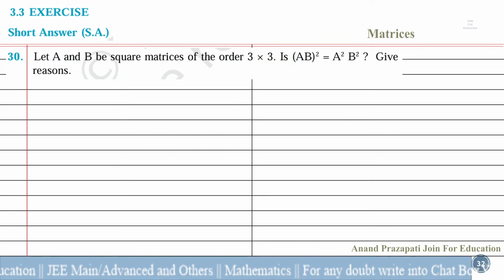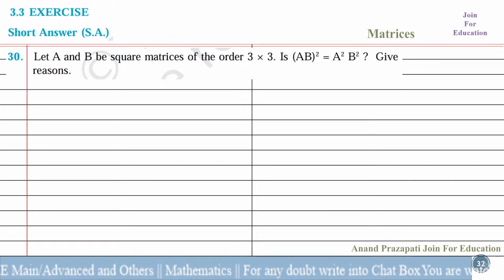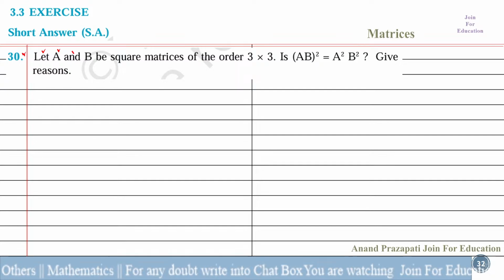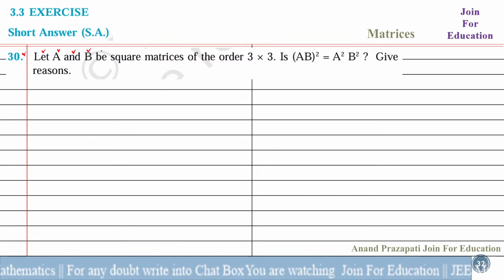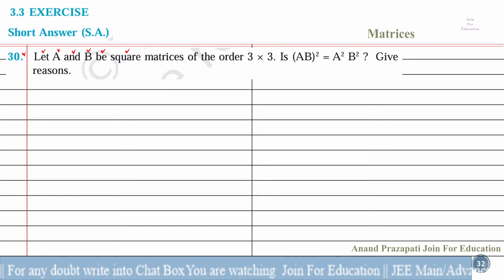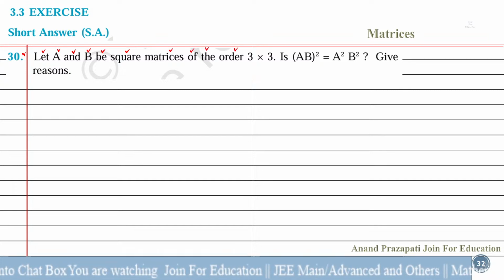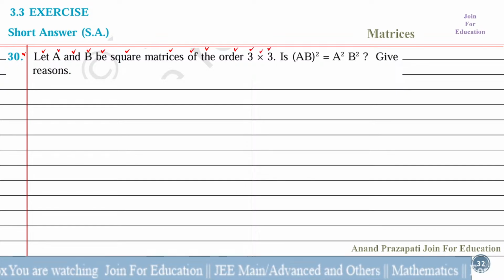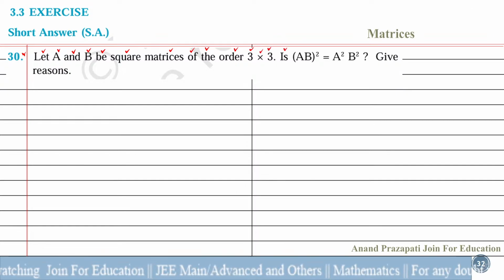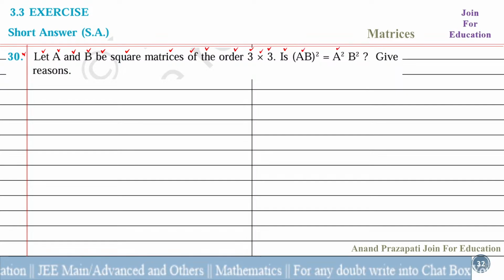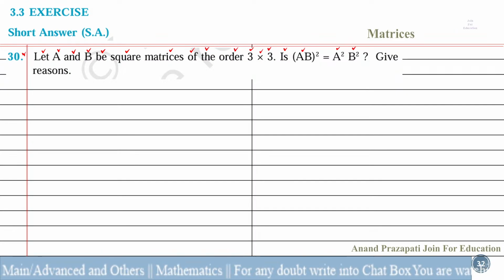Let's see the question number 30. In this question, let matrix A and matrix B be square matrices of the order 3 by 3, is AB square equal to A square into B square, give reason.